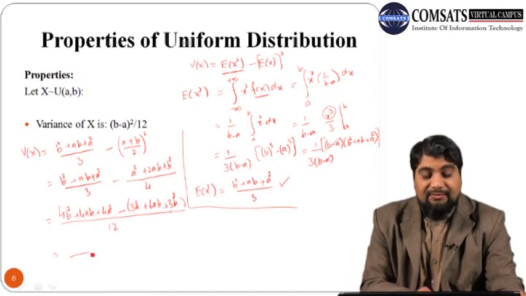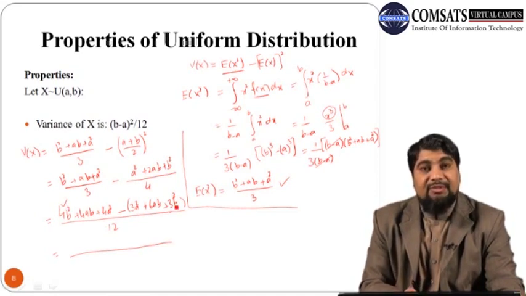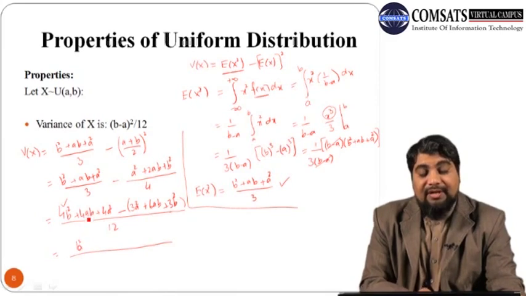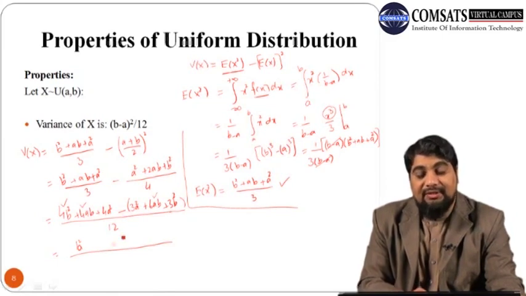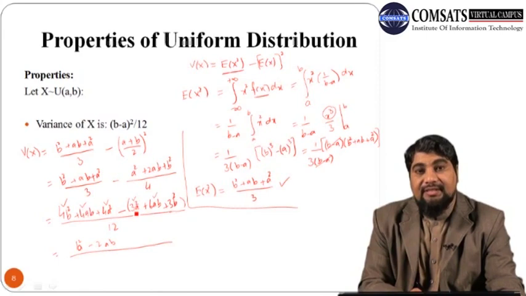Now simplifying it, 4b square minus 3b square gives 1b square, and here we have 4ab minus 6ab, so we get minus 2ab, and here we have plus 4a square minus 3a square, so we get plus a square, whole over 12.